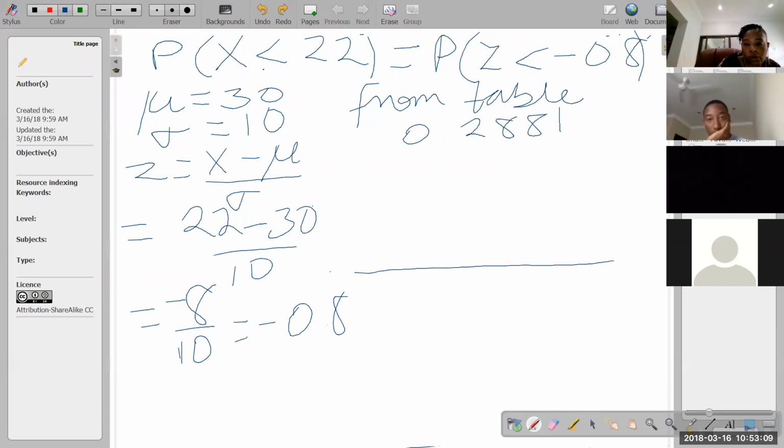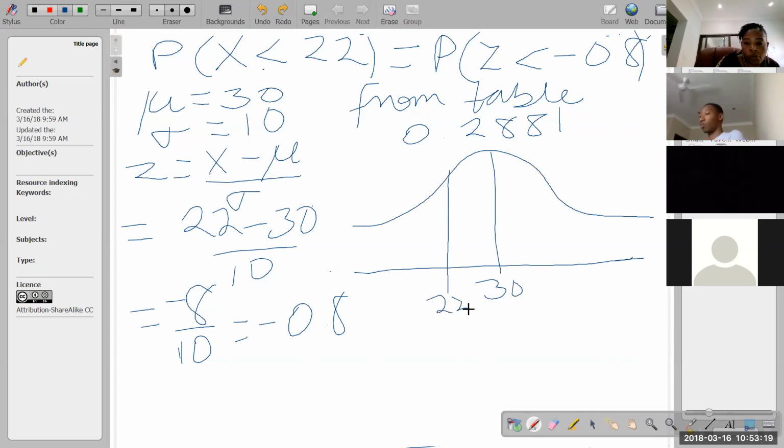So let's draw our graph. This is 30 here. So your 22 should be somewhere here. We're looking at less than 22. This is the shaded area. 0.2881 means that it's from this point to this point.